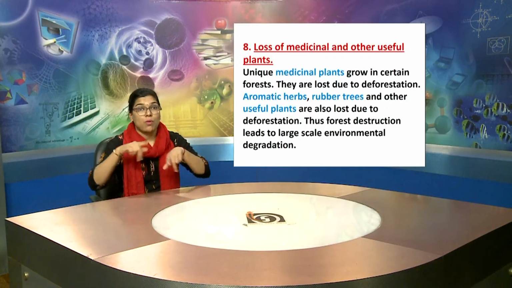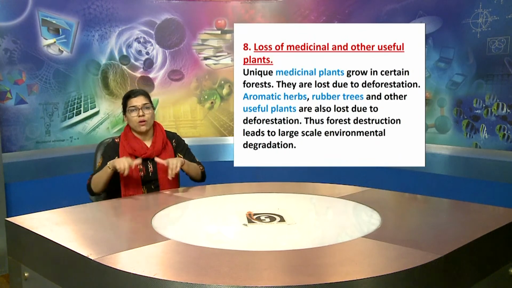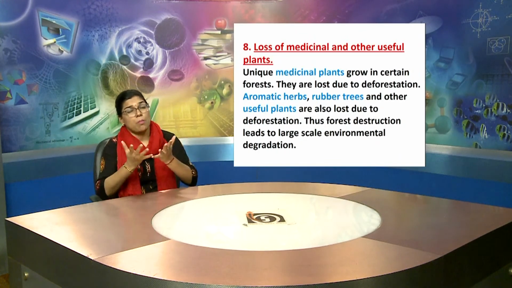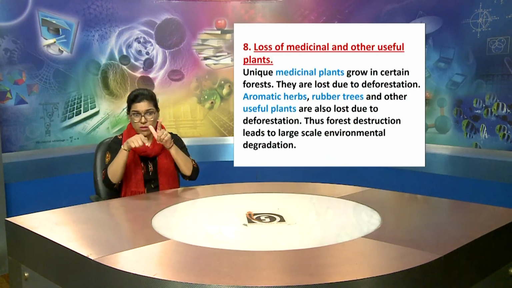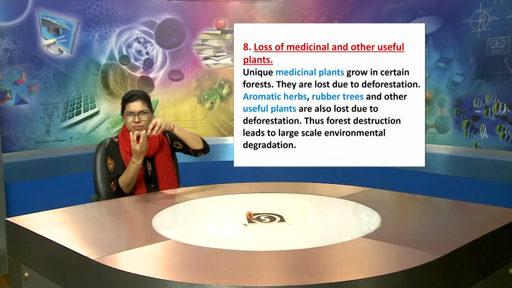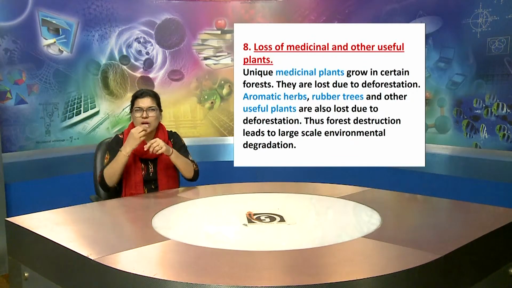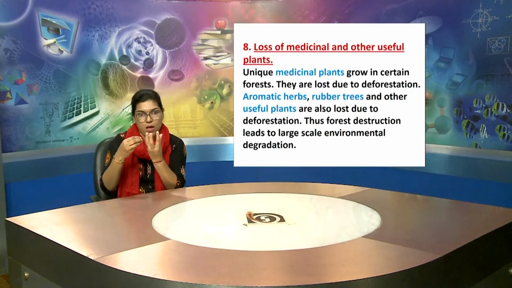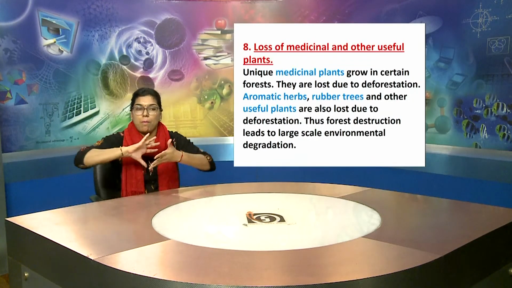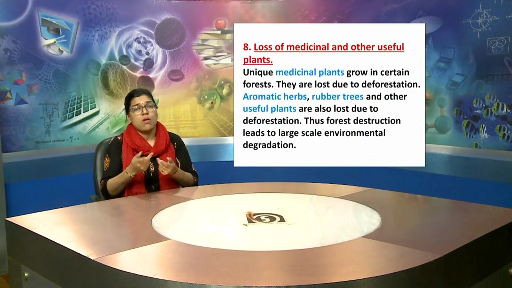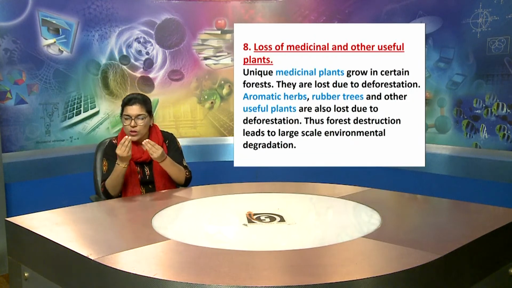As we all know, rubber is a plant, the rubber which we use for erasing purpose, that we get from plants. And all the clothes we wear, we get from plants, as plants are the raw material.